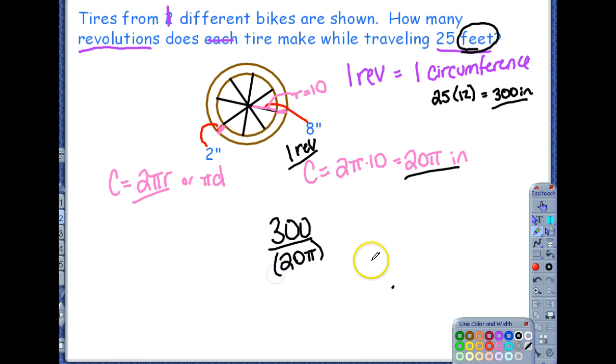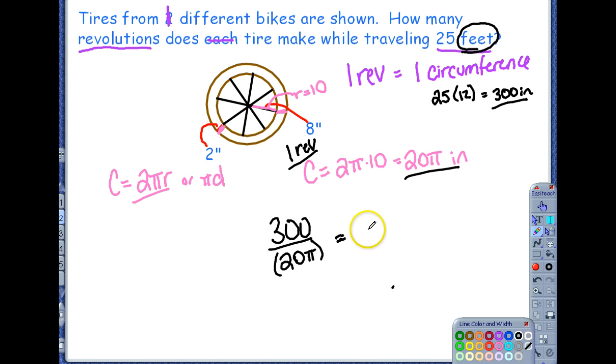We want to be careful because if you just hit 300 divided by 20 pi, your calculator is going to divide 300 by 20 and then multiply your whole answer times pi. So be careful. Make sure you're as smart as your calculator. So when you type that in, it's 300 divided by parentheses 20 pi, and then push enter.